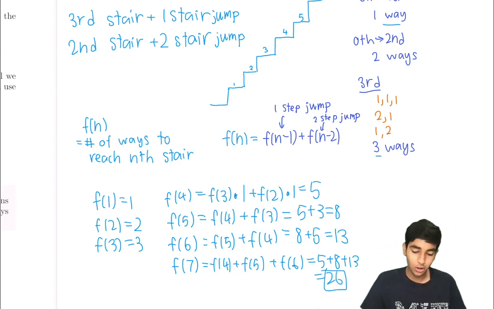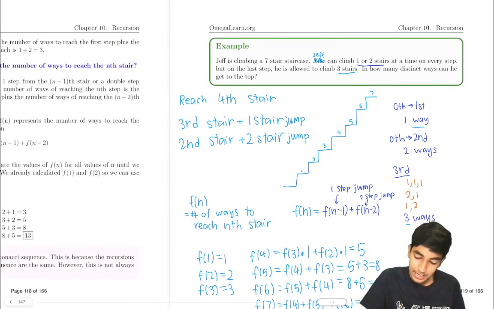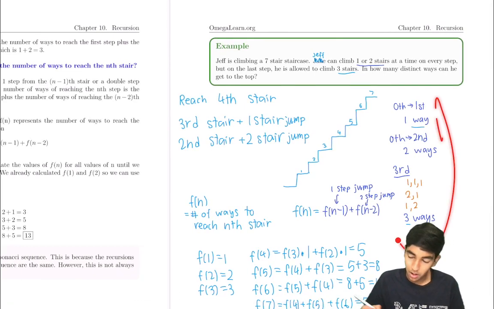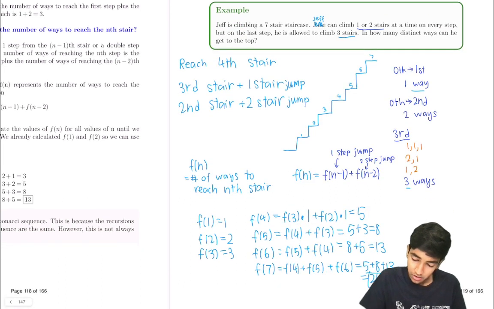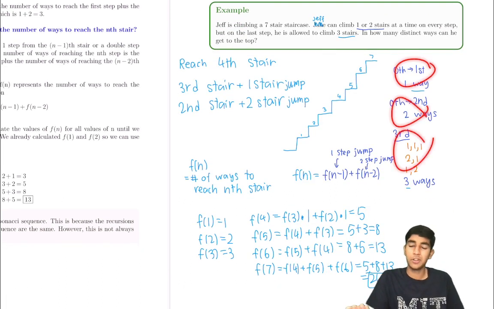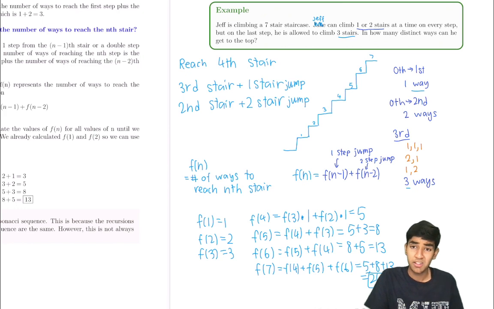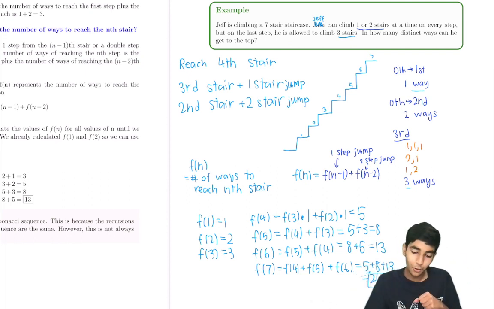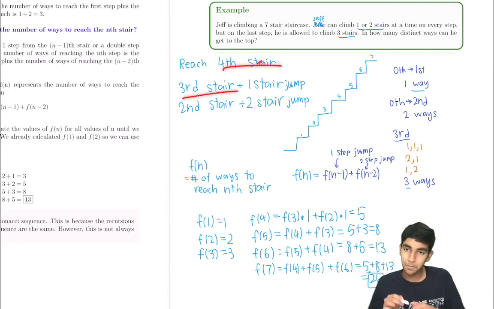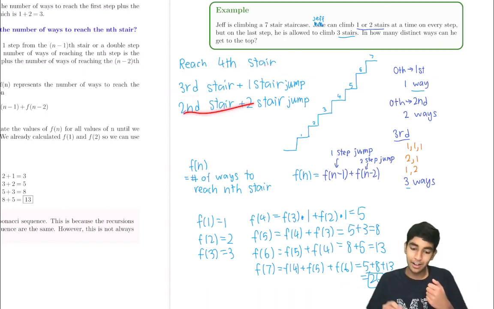Let's summarize real quick. Okay, so the idea was, let's try some small values first. And we saw that these values are pretty easy to do manually. 7, on the other hand, is harder. So we decided, let's see if we can express big values in terms of smaller values. For the fourth stair, we decided to go from the third or the second stair.